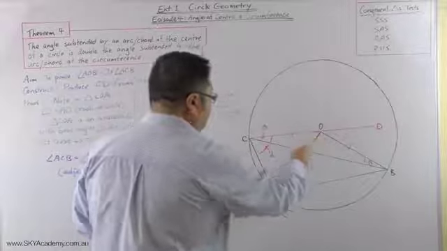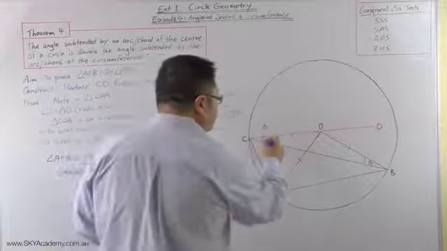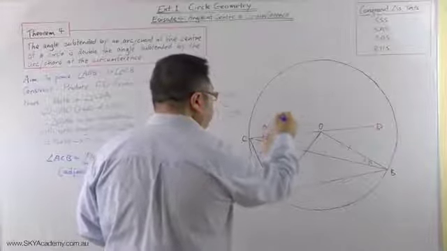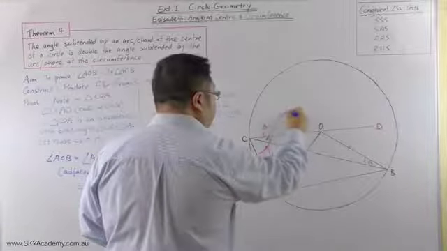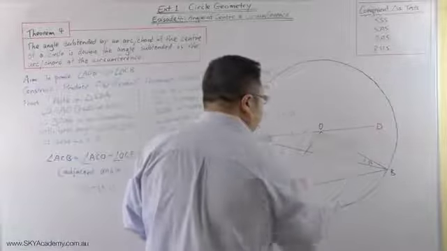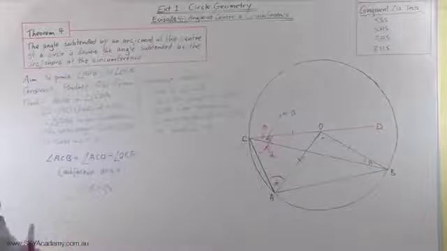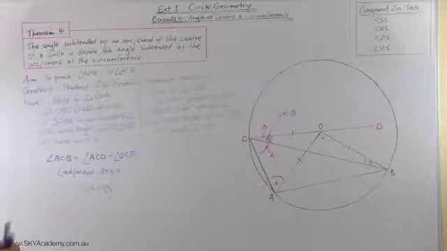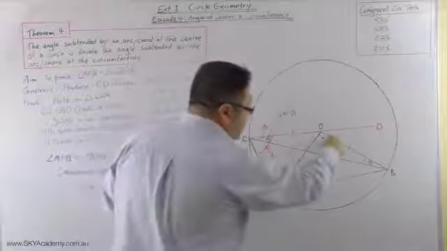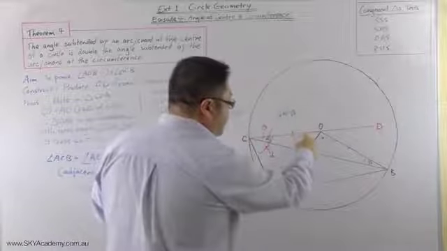What we now have to do is work out this angle here. So this blue angle here is going to be alpha minus beta, and we've got to actually work out this angle here now. And the way that we do that is we work out this angle here minus that angle there.